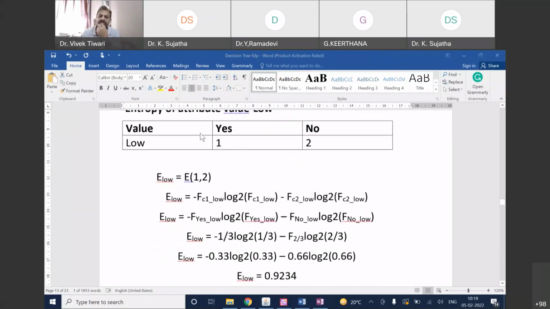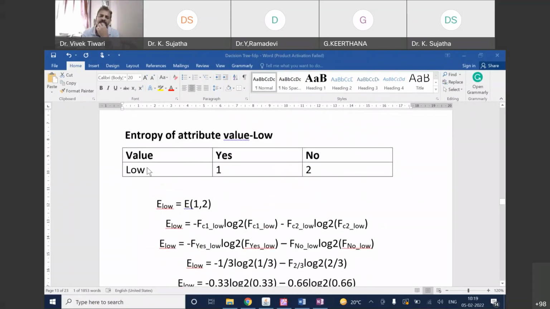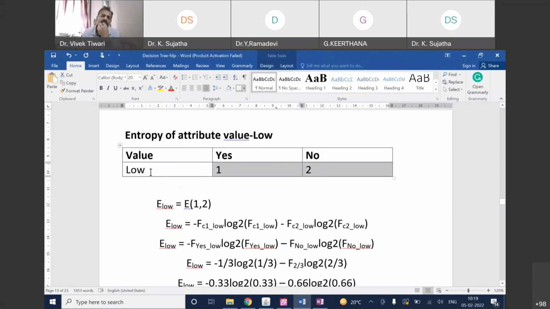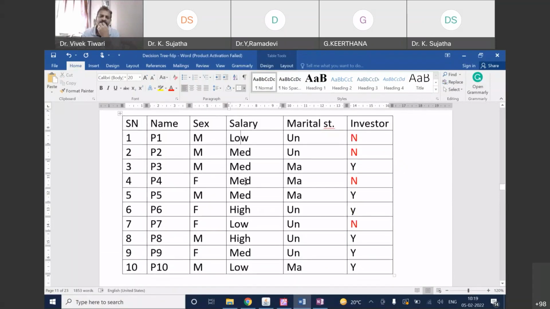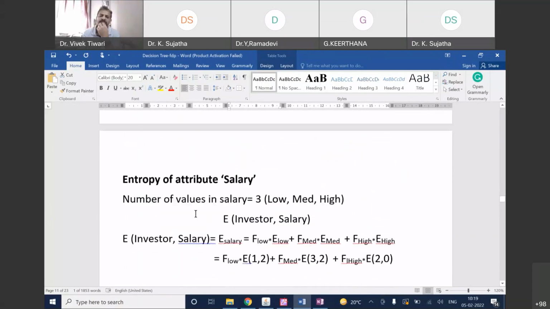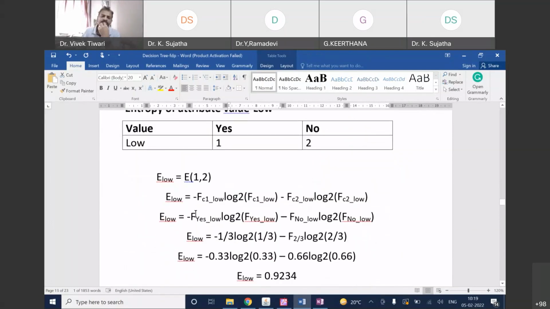Here, for simplicity, I have made it so that there are three observations under low: 1, 2, and 3. I made the numbers very simple so that it doesn't create any confusion.